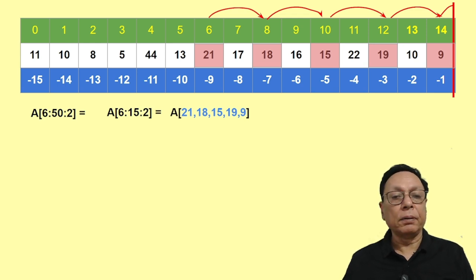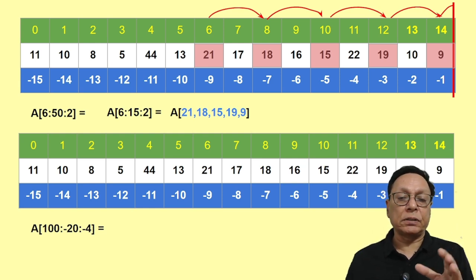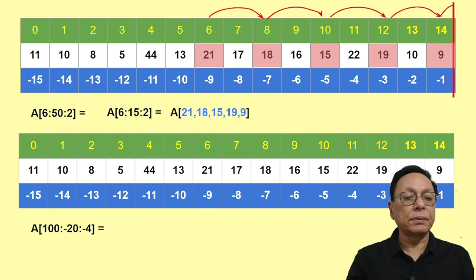The next example, 100 to minus 20 with minus 4, step is negative, means you will have to move right to left. Okay, neither minus 20 is in the range nor 100 in the range.